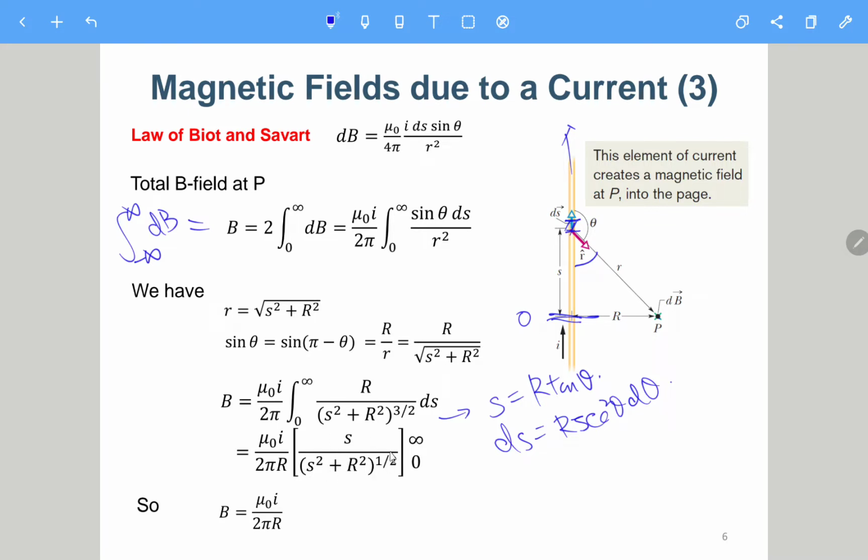If we evaluate at 0, this term is 0, this is finite, so it is 1 minus 0. So the answer will be actually this term.